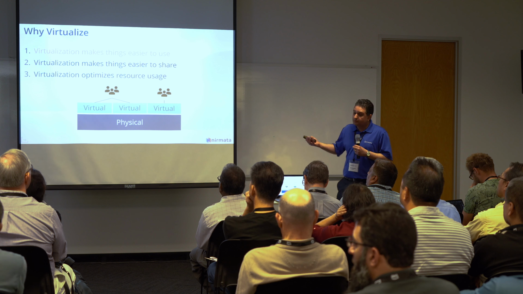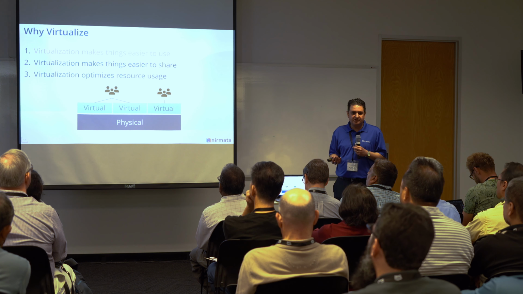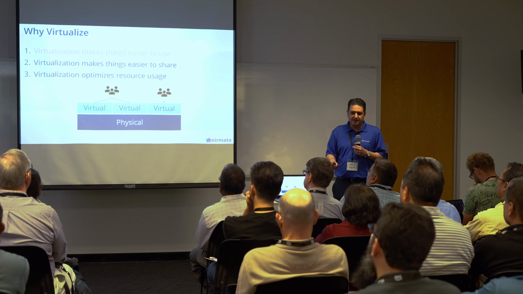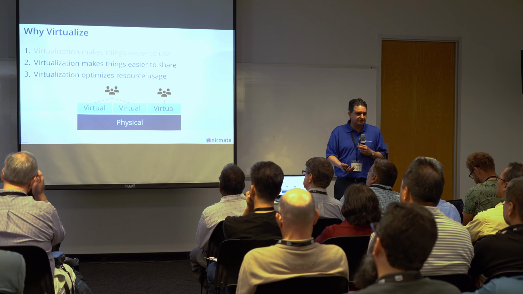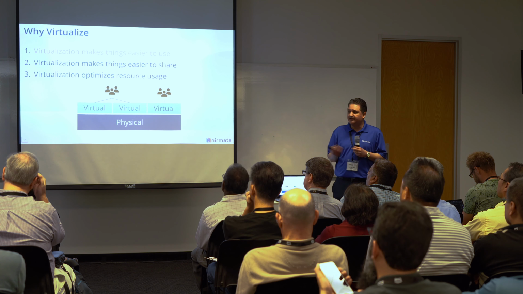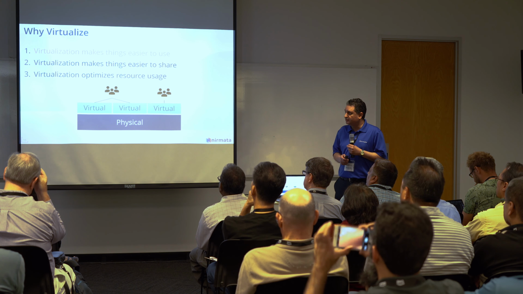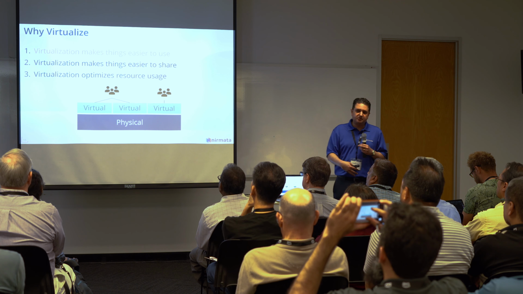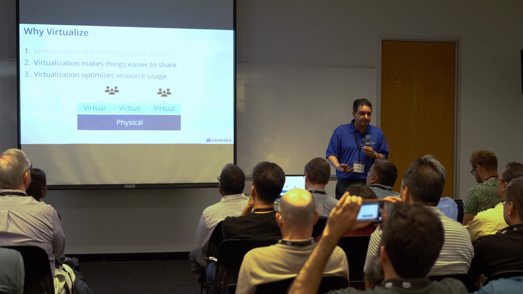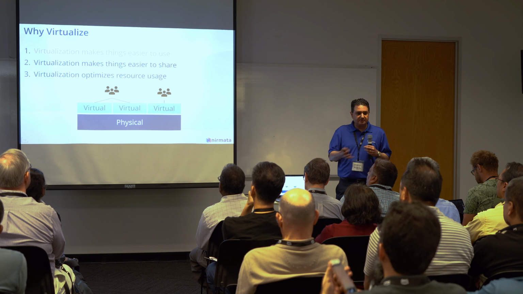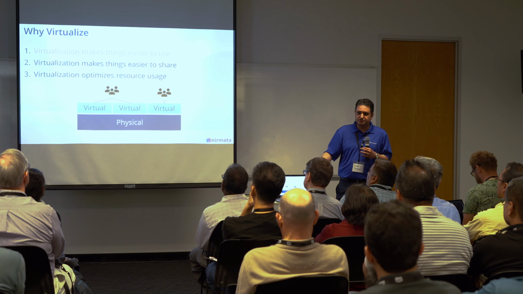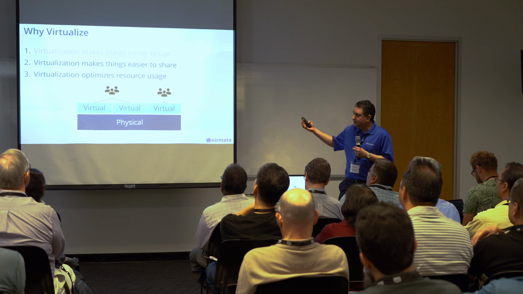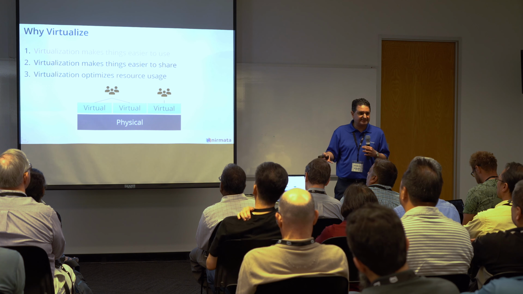And also, virtualization makes things easier to share. It's software defined, right? You have an API endpoint. You can access it through that. You can share it through that. So there's advantages there already. And it's also optimizing the resource usage underneath. So Kubernetes, given its sort of pedigree, its origins from Google, it was designed to schedule at scale, right?